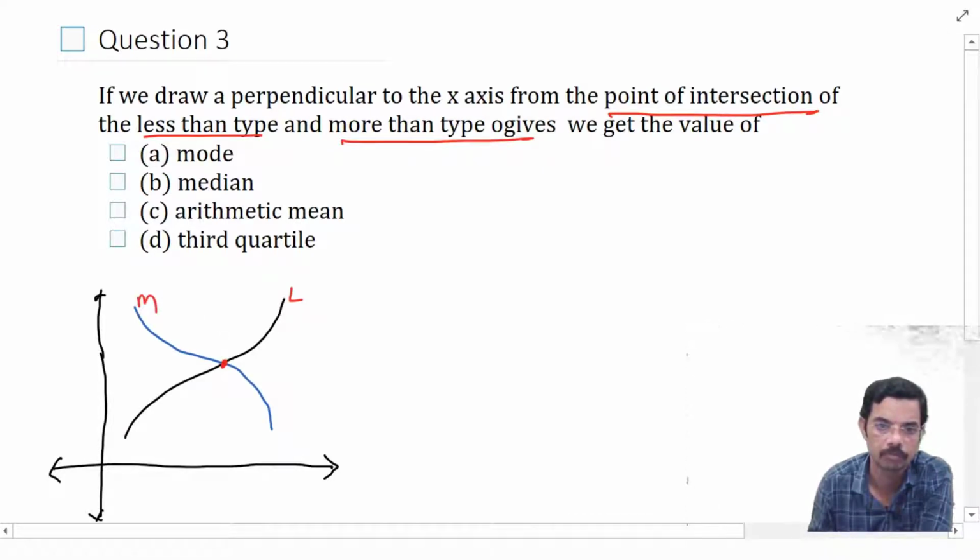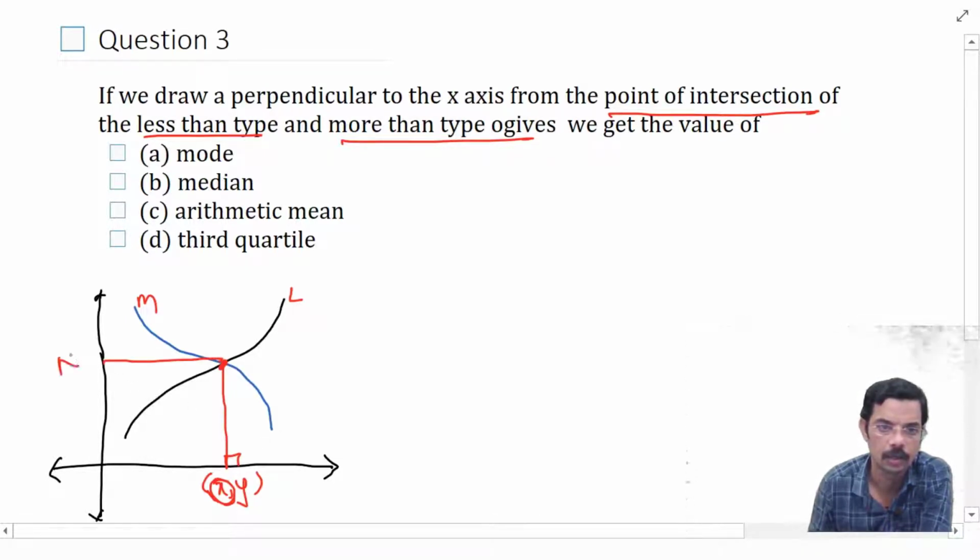Okay, both of them meet, and we are talking about the x coordinate. Draw a perpendicular from here, and the x coordinate of this point is x comma y. What is the value of x? X will be nothing else but the median, because y is n by 2.